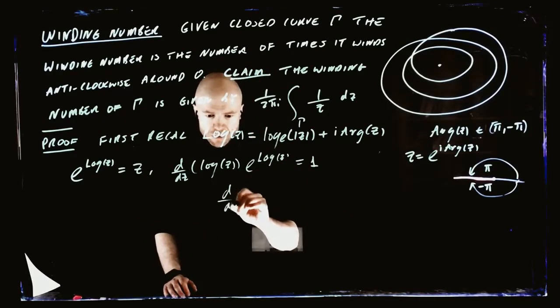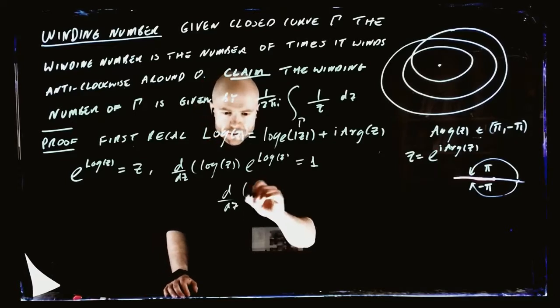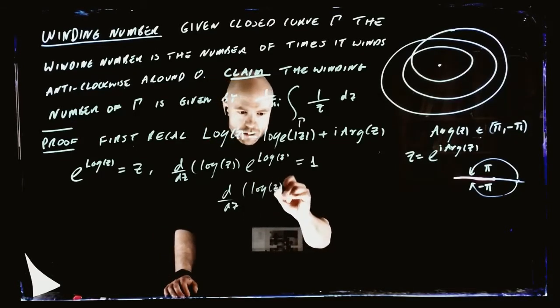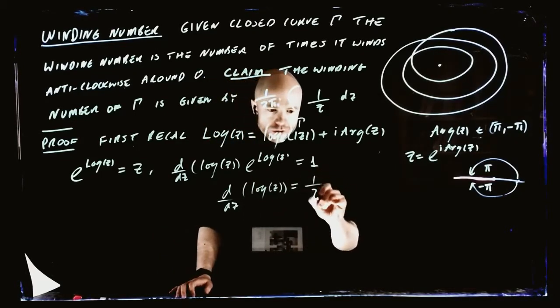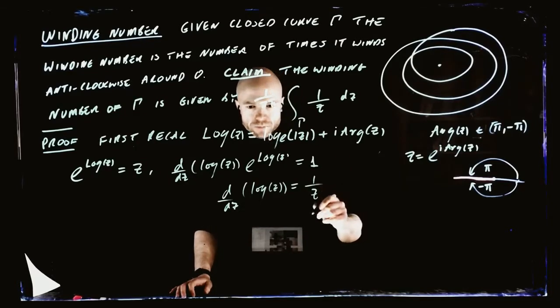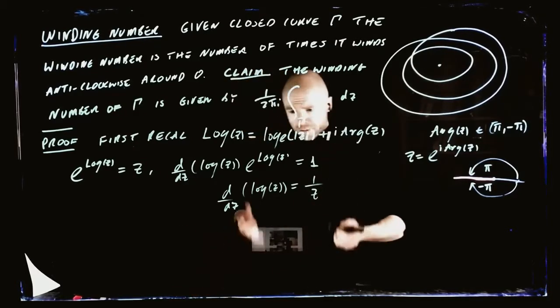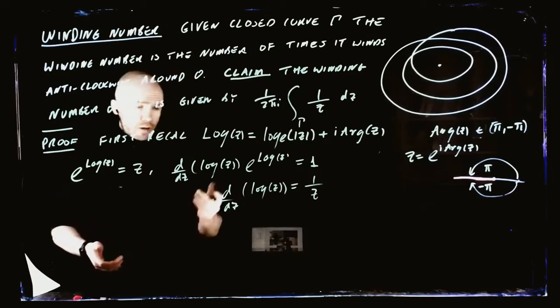So d by dz of log of z is 1 over z. Just like on the real line, except now it's true as a complex number.